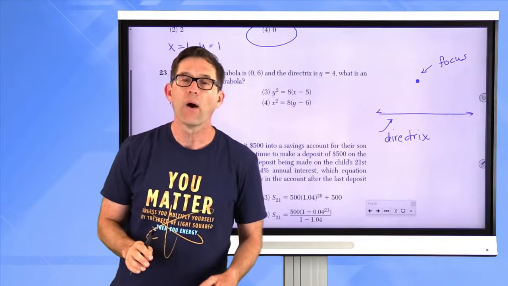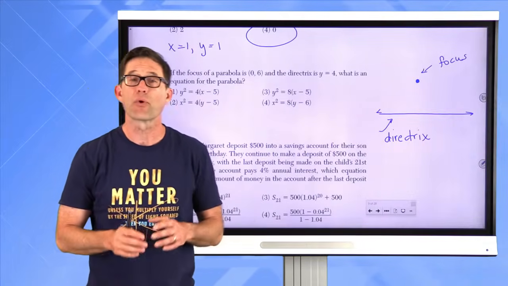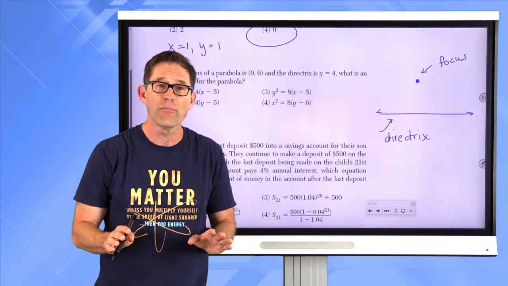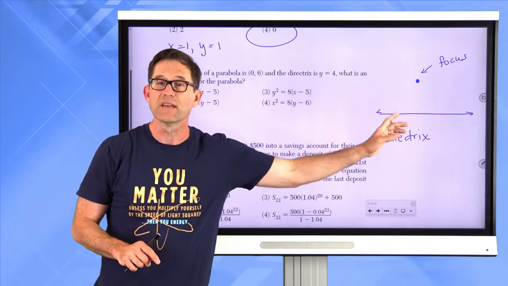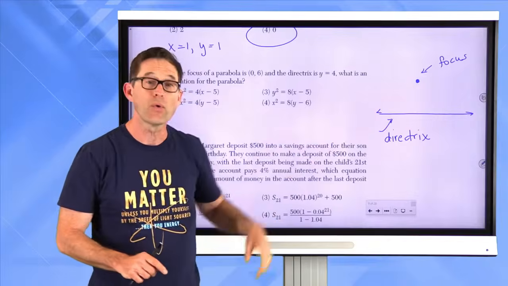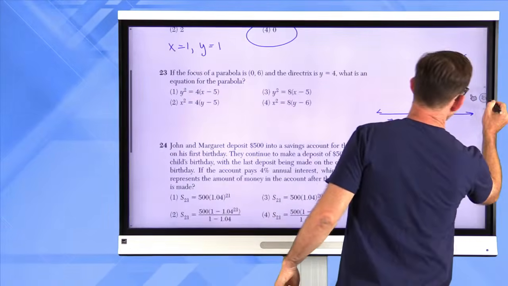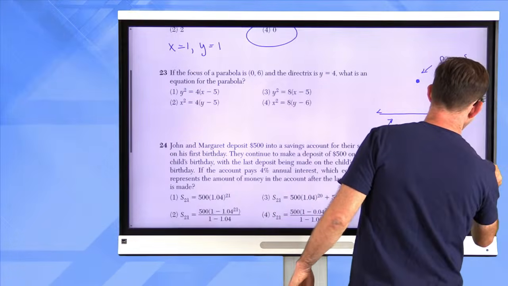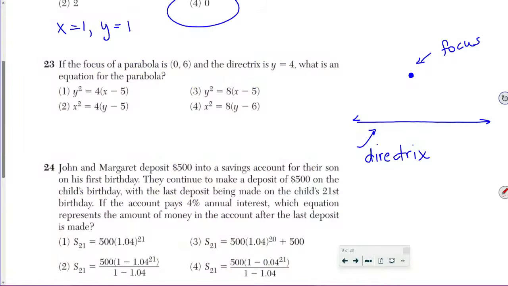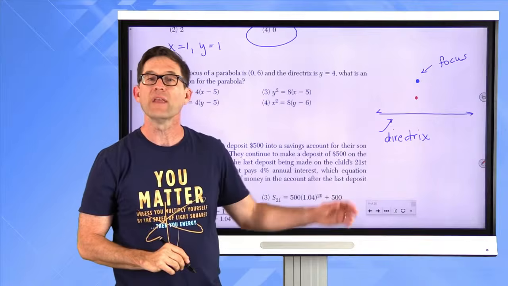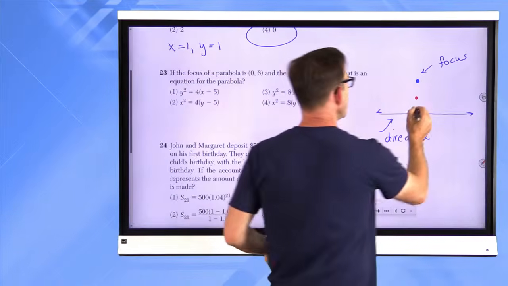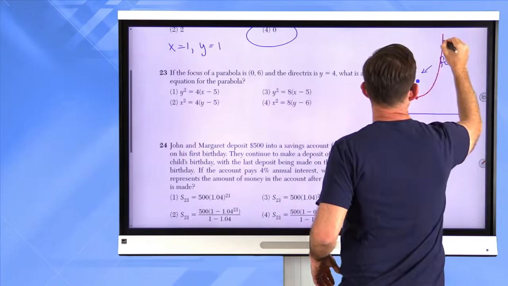Now, what is the point? Well, the parabola is defined as being all the points that are equidistant from the directrix and the focus. One of the most important points is the vertex. The vertex will always sort of be halfway between the directrix and the focus, and then it'll sort of bend around the focus.